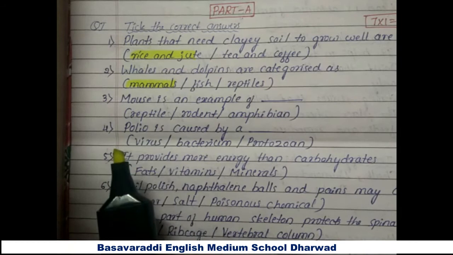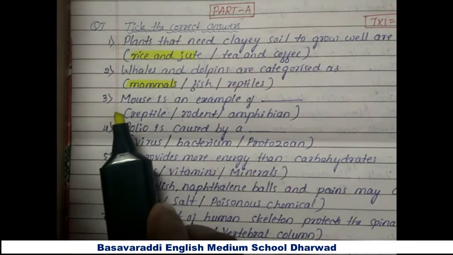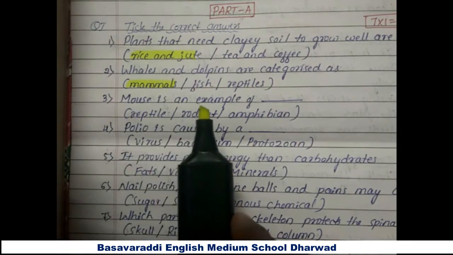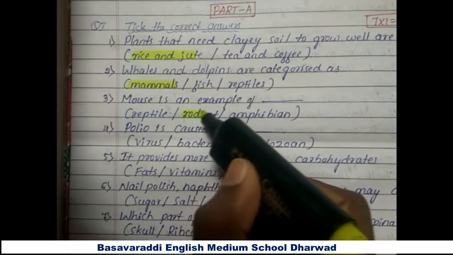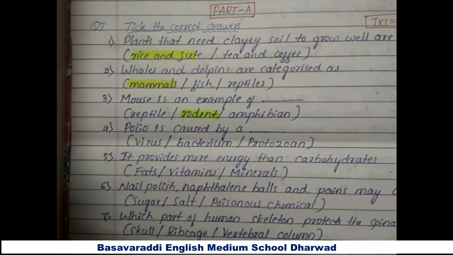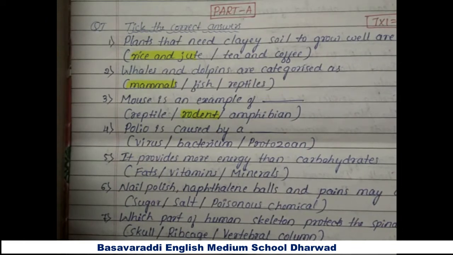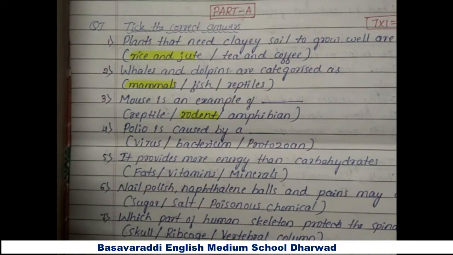That is called mammals. The third one, mouse is an example of rodent. Small animals such as rats, mice and squirrels have sharp front teeth. They use these to gnaw their food. Such animals are called rodents.